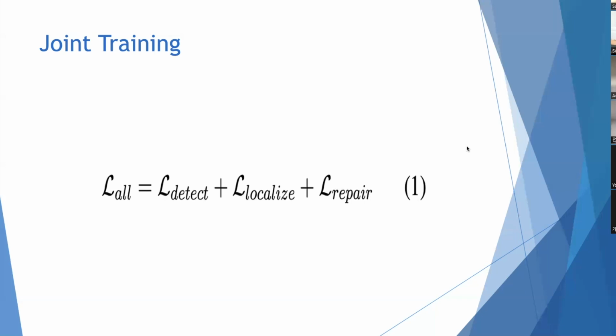Once we detect it, we need to localize where it is actually buggy, and then we need to repair or create the patches. So these three steps are correlated with each other. Okay, thanks.